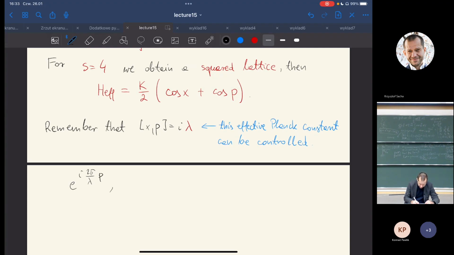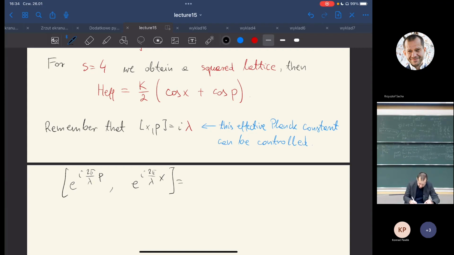But we also see the periodicity in the momentum direction. So that means that the operator that translates the system over 2 pi along the momentum direction also commutes with the Hamiltonian. But now there is a problem, because the commutator of these two operators is not equal to 0.